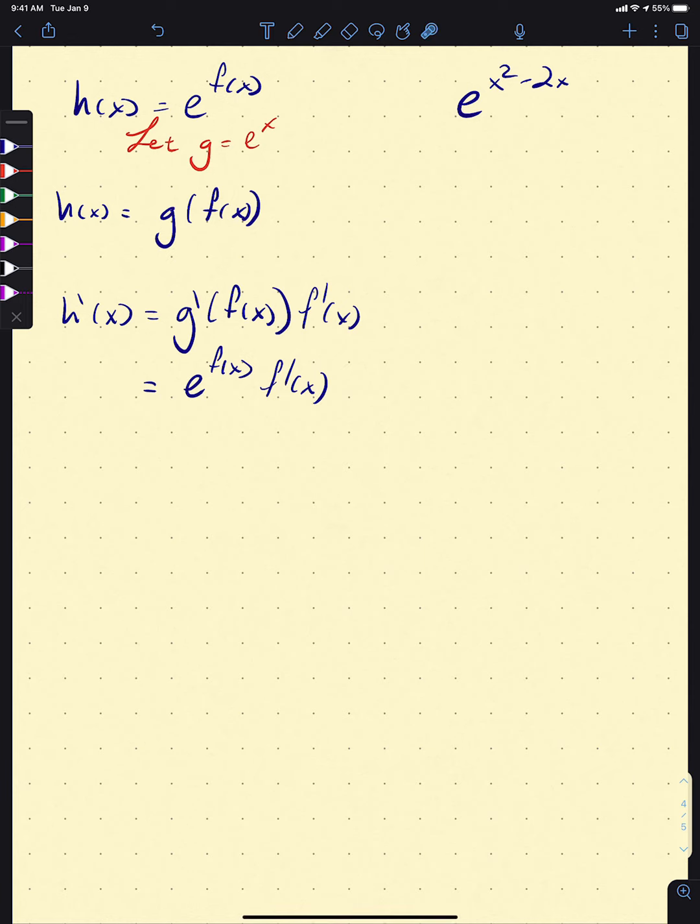We can write this as e to the x squared minus 2x times 2x minus 2, just taking the derivative of the thing that's in the exponent. We can do a handful of examples from here.